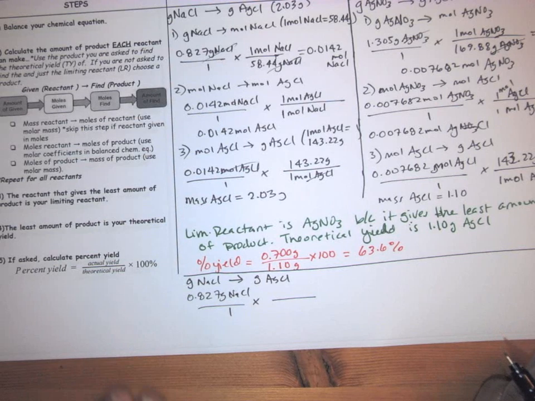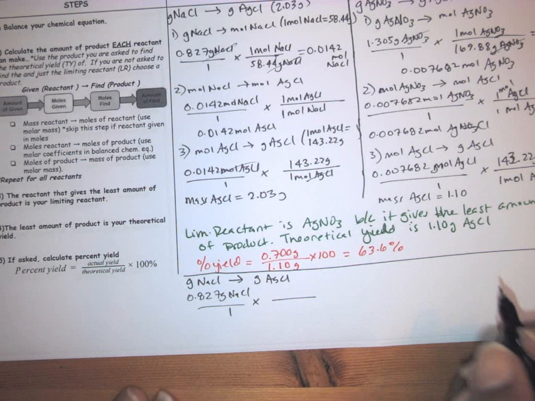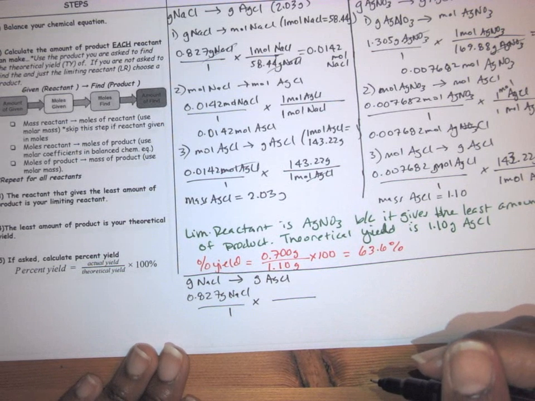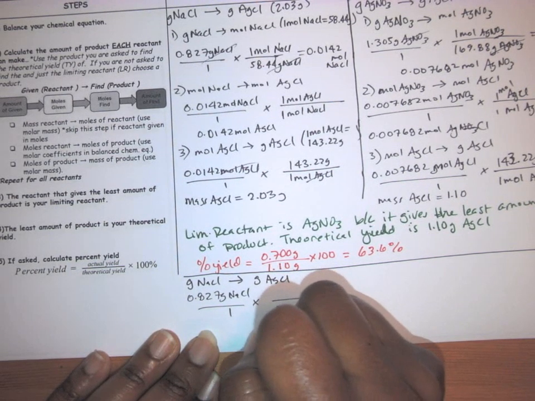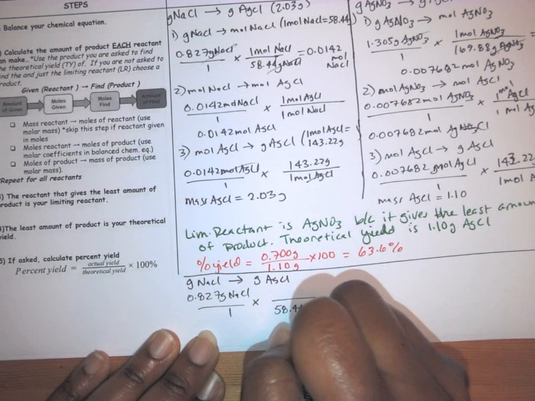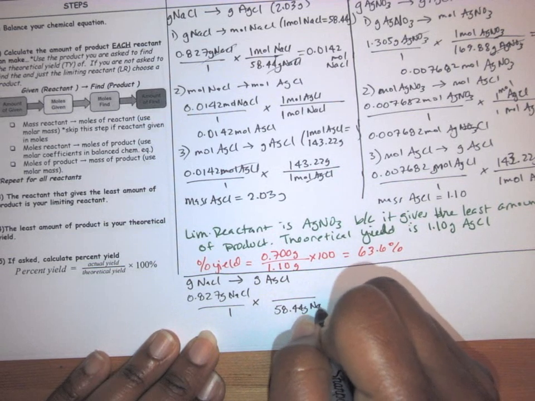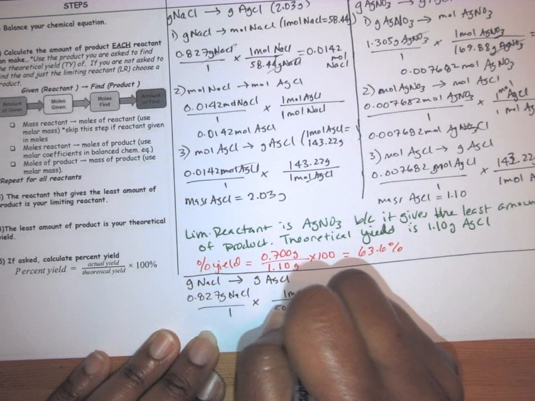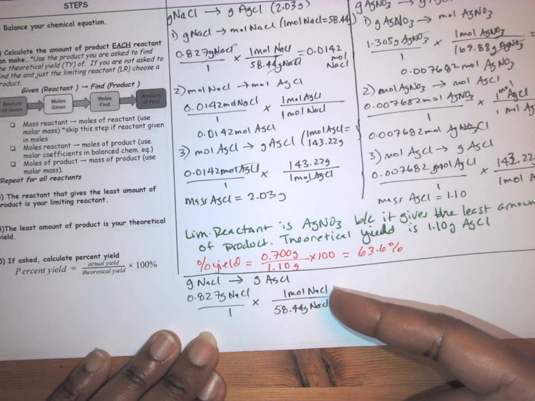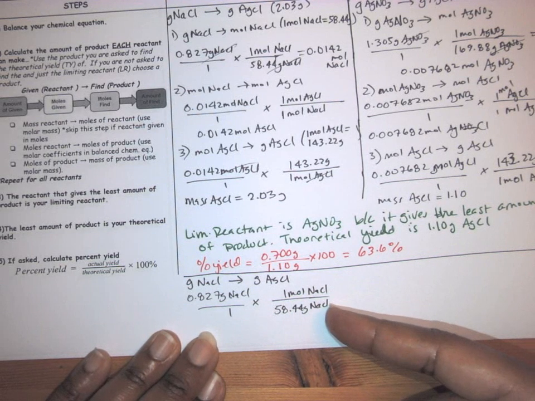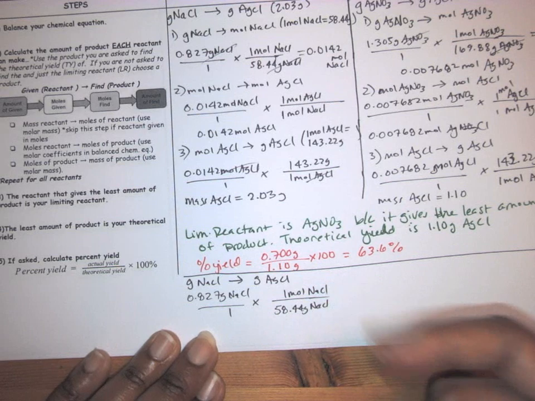The second fraction comes from the molar mass. The molar mass of NaCl is 58.44 grams, so that goes on the bottom so that the grams cancel out, and 1 mole goes on the top. Remember, for molar mass, it's always set equivalent to 1 mole. I got this number from the periodic table.